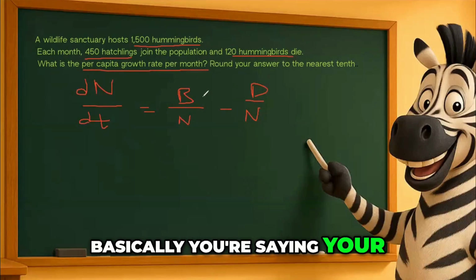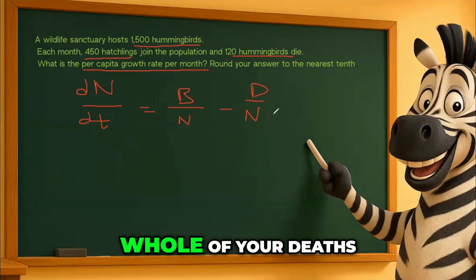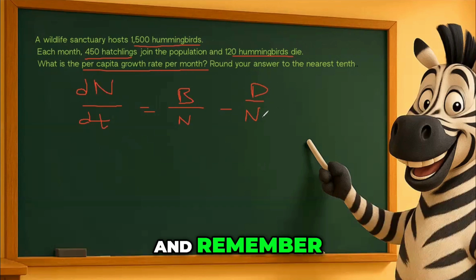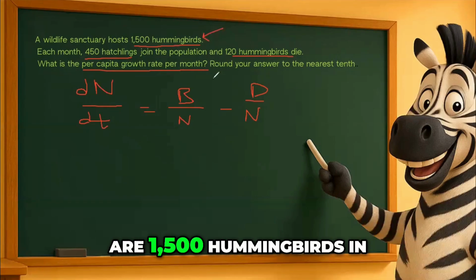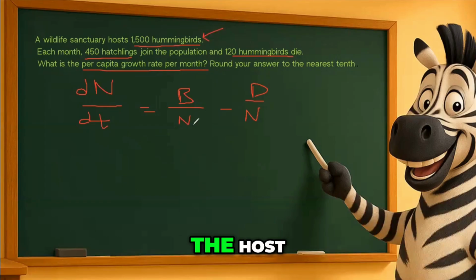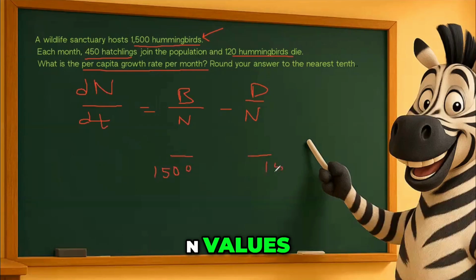Basically, you're saying your part over your whole for the births minus your part over the whole of your deaths. And remember, you're still using the same formula, but you're just taking into account that there are 1,500 hummingbirds in the population. So I'm going to replace this with 1,500 for both my N values.